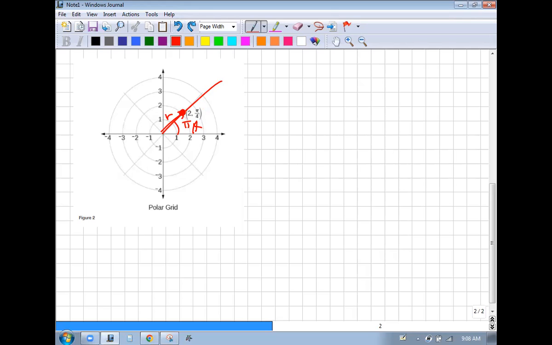Usually you see pi and you start thinking angles, but pi is just a number. If you didn't know this was polar, you would go 1, 2, and then go up pi over 4. These are not the same. You need to know that this is polar, because otherwise, if you read it like that, you're going to get a totally different point in space.